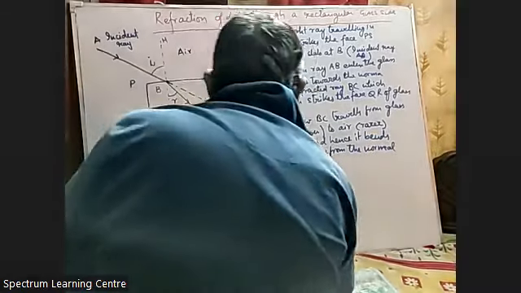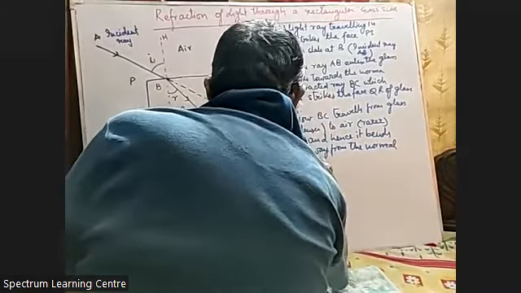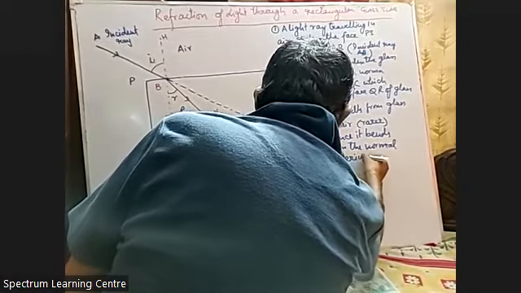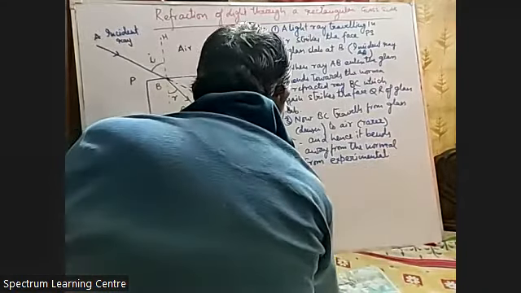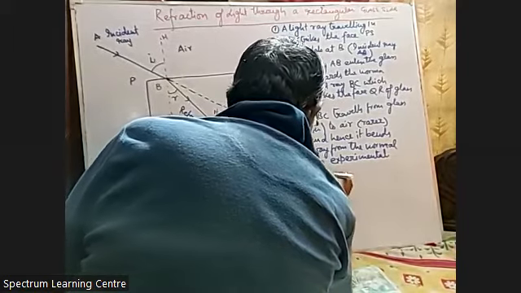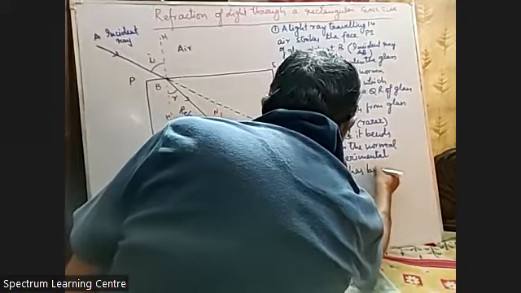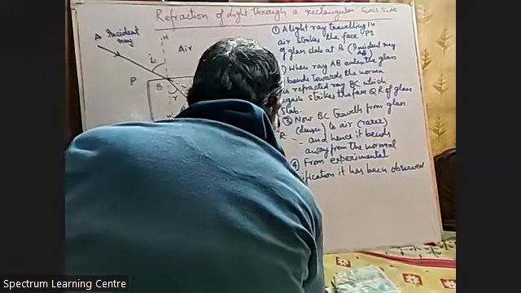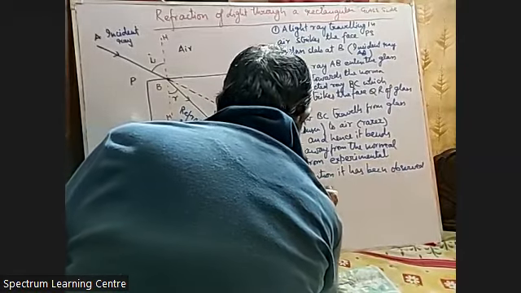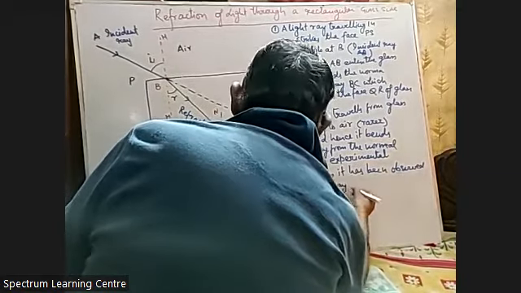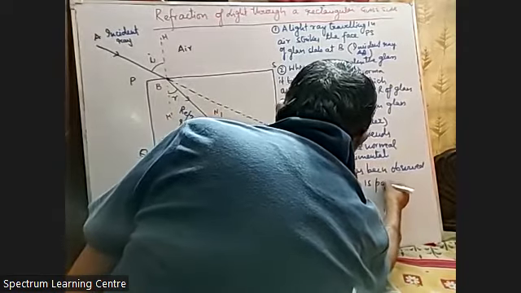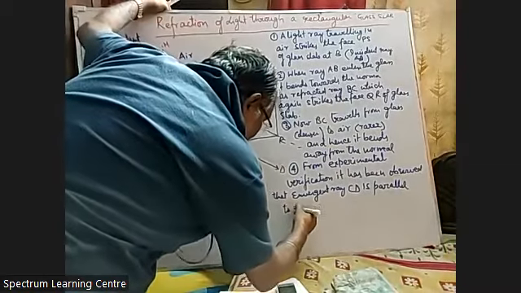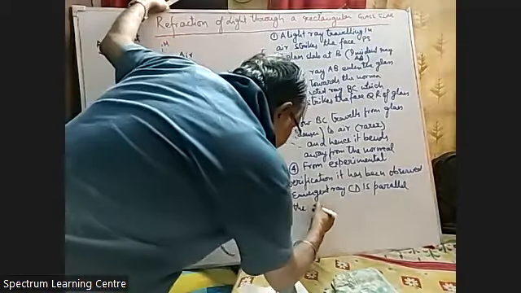Number four, which is very important. From experimental verification, it has been observed that emergent ray CD is parallel to the original path of light.